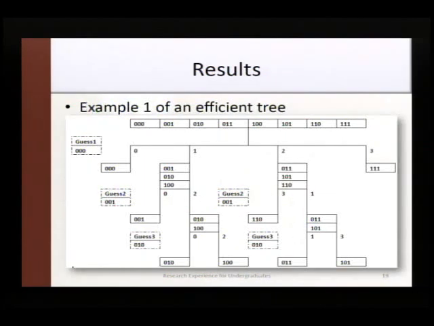So this is an example of a tree, of how it forms a tree. At first I have 8 3-bit binary sequences, and after my first guess, it is going to divide the set into 4 subsets.